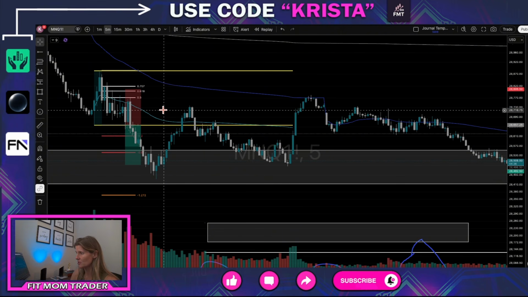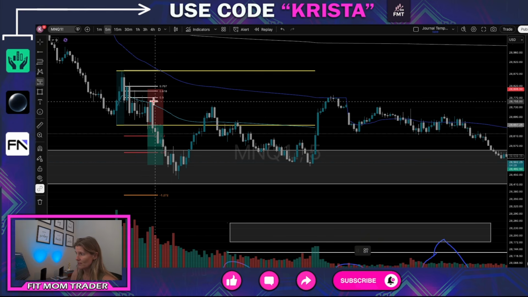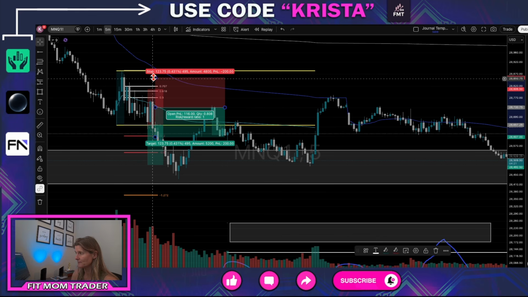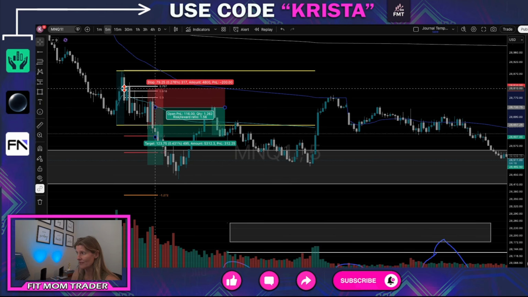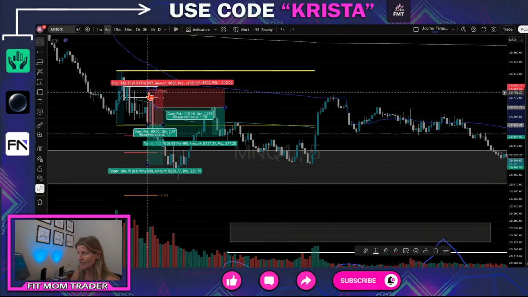Versus my strategy, where you wait for the retest, you're going to get a better entry because you wait for the retrace to the New York anchored VWAP and or the midpoint of the range. So I would wait for it to bounce at the New York anchored VWAP. I can have a little bit of a tighter stop loss, right? So this is like a 78 point stop loss versus the other one was 149 point stop loss.